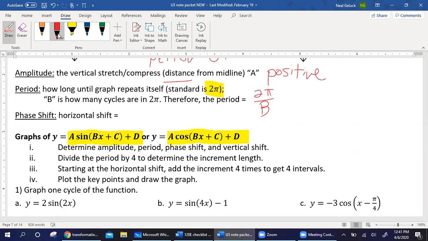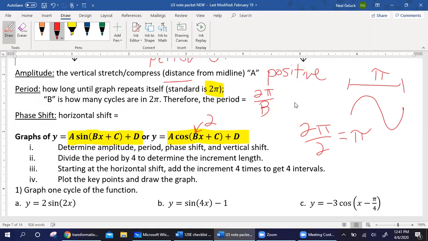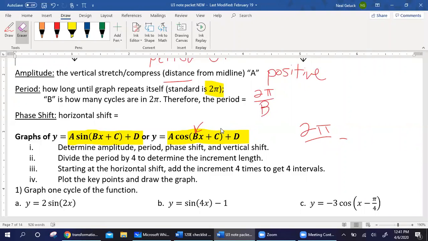So for example, if the B number on a problem was 2, and don't worry about writing this down, then I would do 2 pi divided by 2, which gives me pi. That tells me that I will finish 1 full sine wave after a distance of pi radians. If it was 4 here, I would do 2 pi over 4, which is pi over 2.